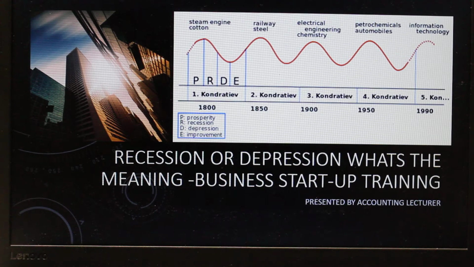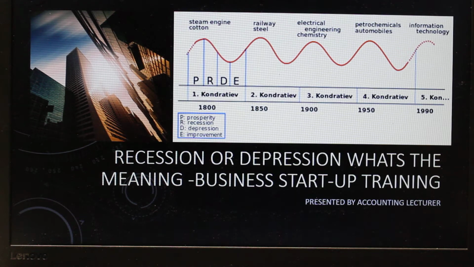So in the 1800s, steam engine and cotton were the main drivers of economic growth. In the 1850s, rail and steel were the main drivers. Electronic engineering and chemistry in the 1900s. In the 1950s, petrochemicals and automobiles were driving the boom at that time.